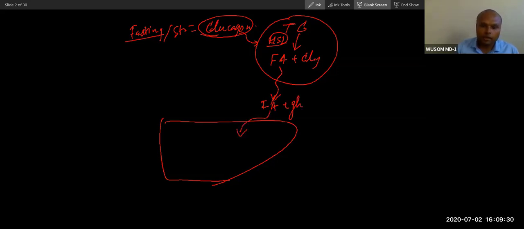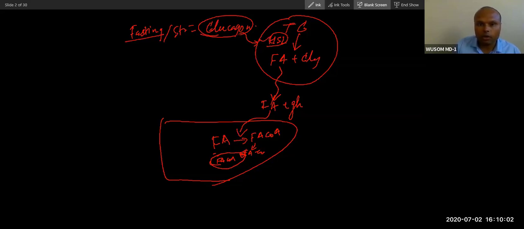Now what will happen to the fatty acid? It will be activated at the outer mitochondrial membrane to fatty acyl coenzyme A, which will enter the mitochondria as fatty acyl carnitine, and then again convert into fatty acyl coenzyme A. So there are two regulatory steps.